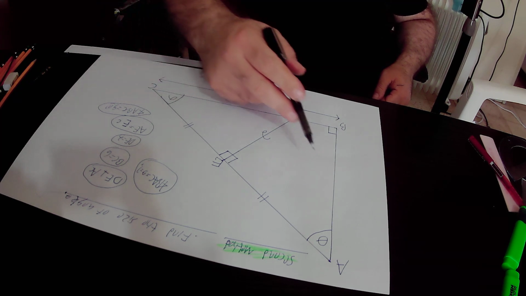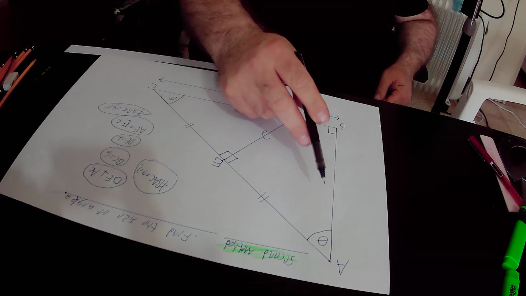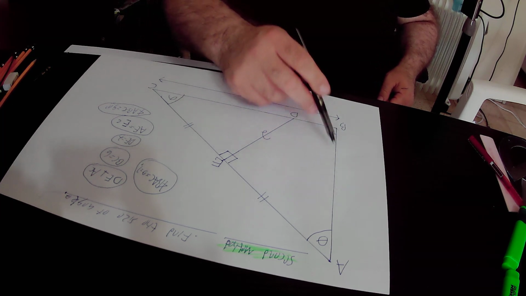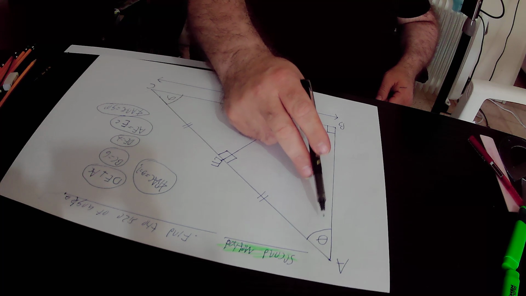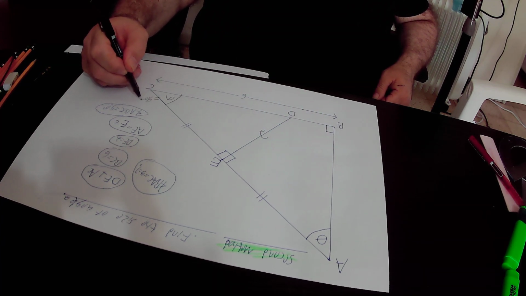I already explained to you that in the right triangle ABC, if this angle equals theta, then this angle must be equal to 90 degrees minus theta.